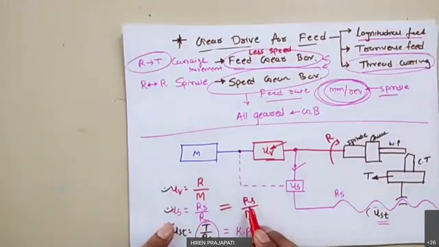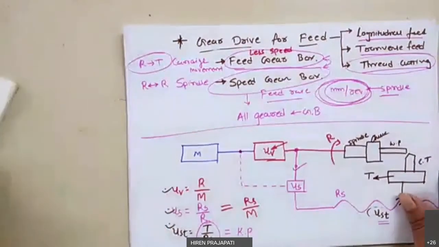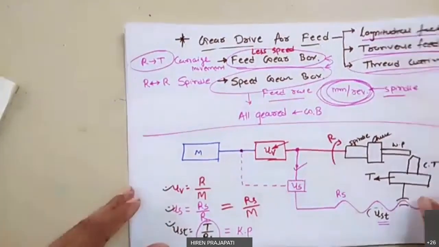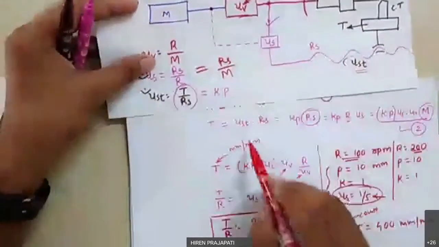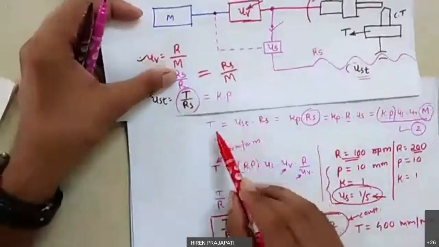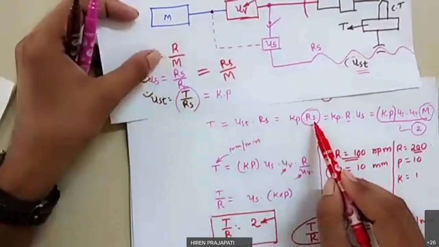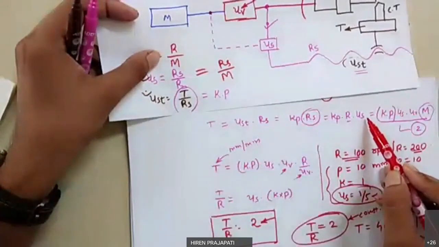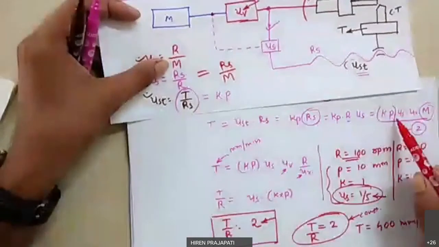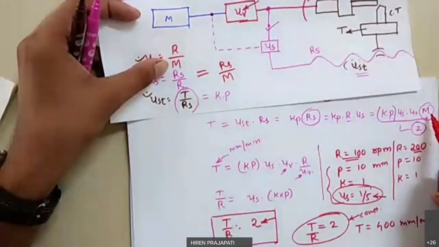So now your equation is RS by M. Okay, so what modification do you get here in the equation of T? In the equation of T, if you see, T is equal to US into R in RS. Now RS is written as R into US, right? Now Kp into US into UV into M, right?